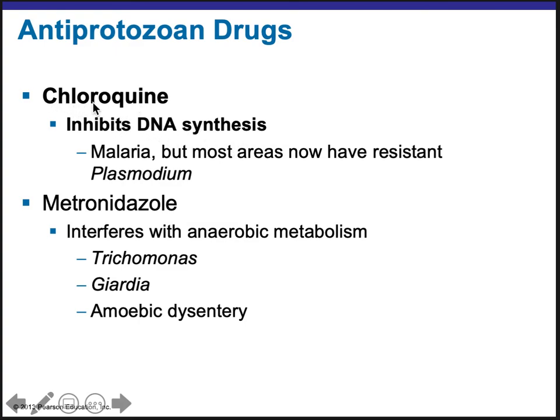However, it was used so much that most areas where malaria is endemic now have resistance to the drug, so it's no good anymore, which is tragic because it's easy to make, cheap, and affordable, and we're able to distribute it to all these communities, but it's really not helpful anymore.